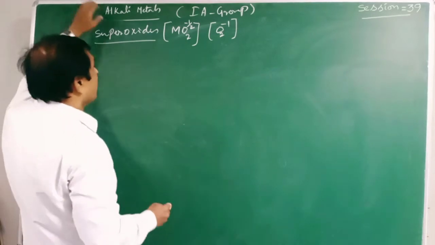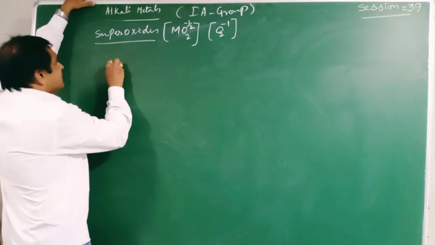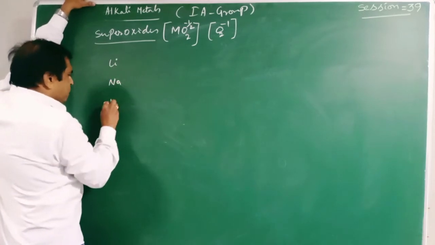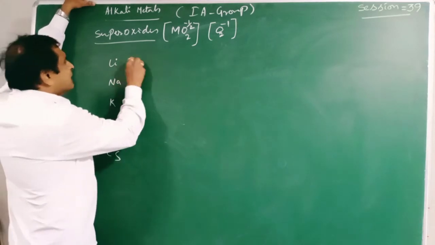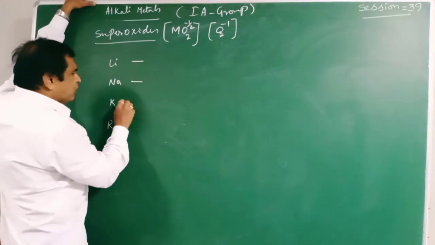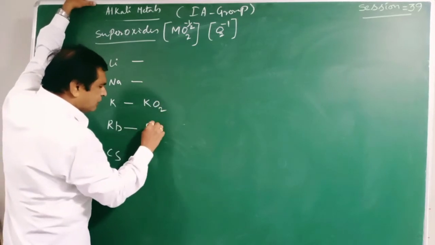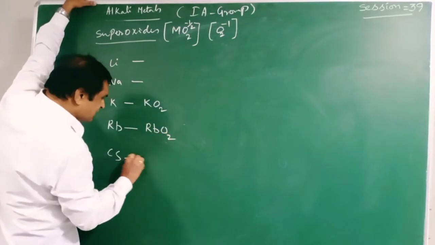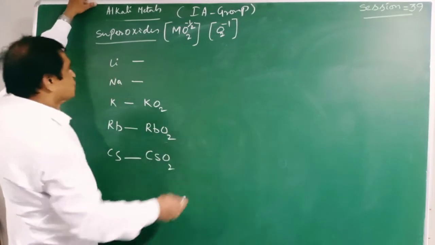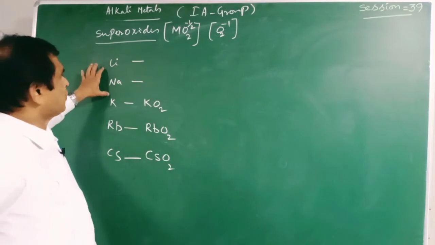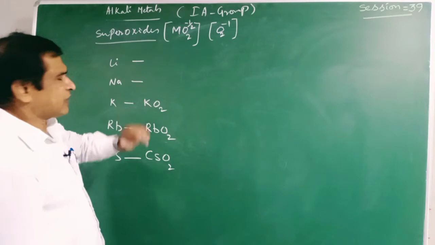Now, what alkali metals can form superoxides? Lithium, sodium, potassium, rubidium, cesium. Except lithium and sodium, potassium, rubidium and cesium can form stable superoxides.